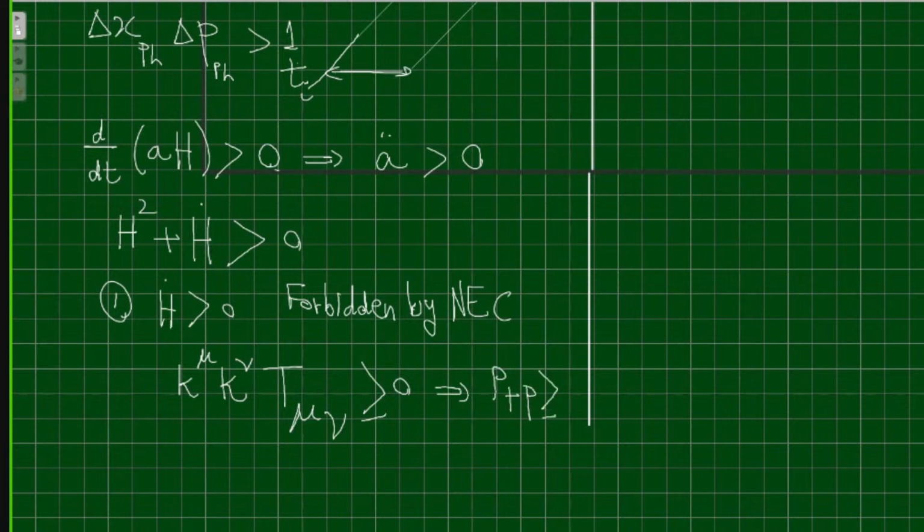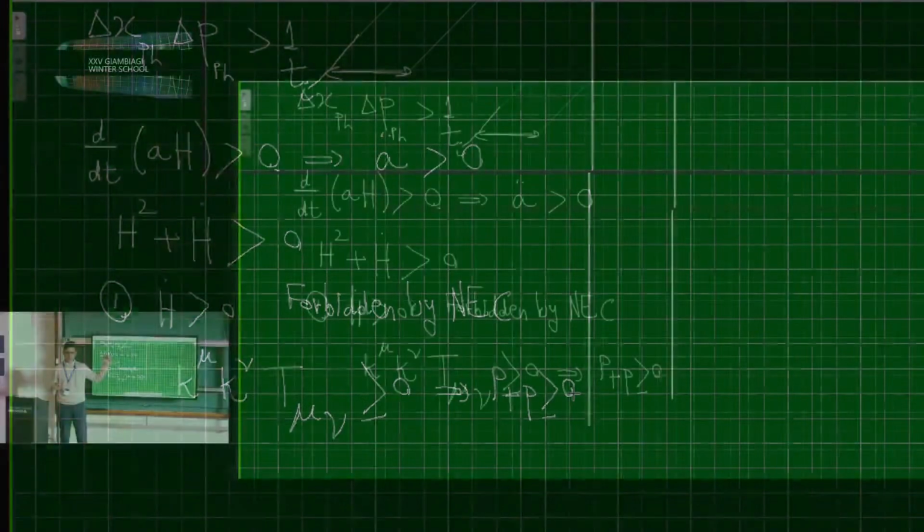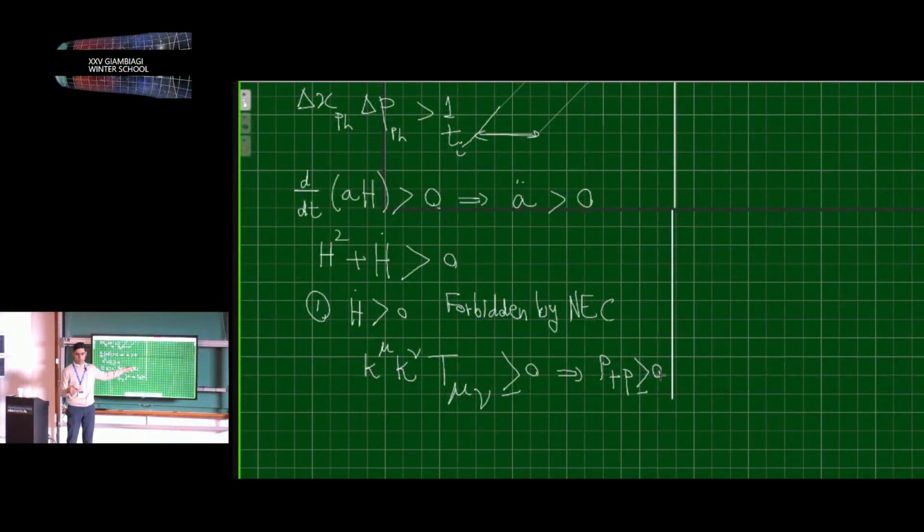So for instance, if you consider matter or radiation, they would satisfy this by a big margin. If you consider cosmological constant, it is exactly at the border, it saturates this bound. This also translates into saying that w should be larger than or equal to -1.